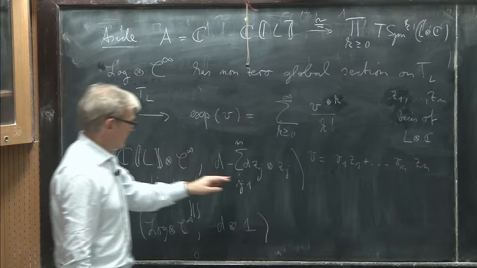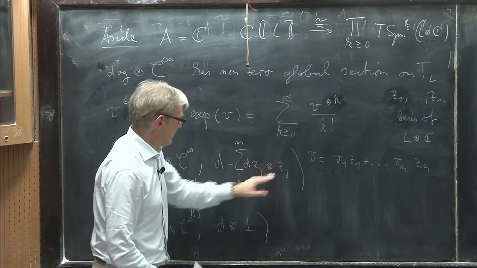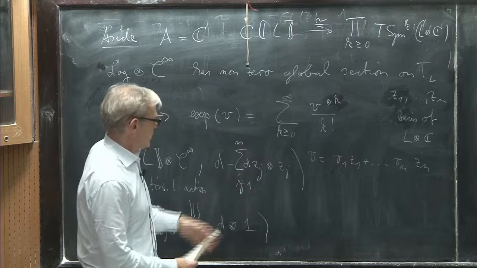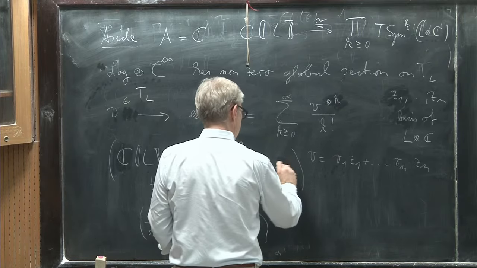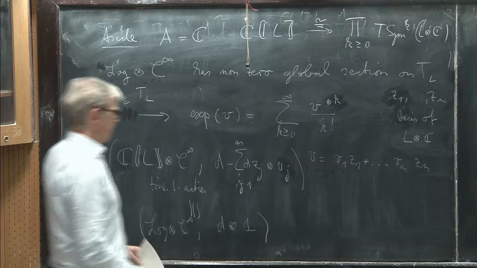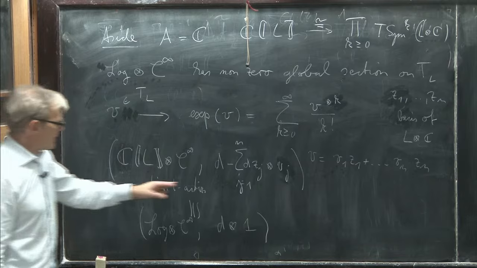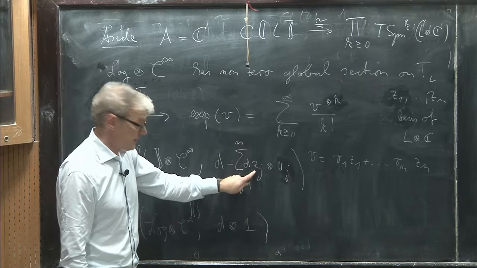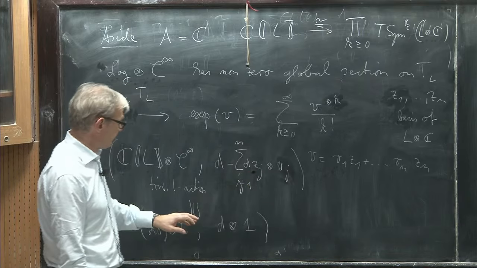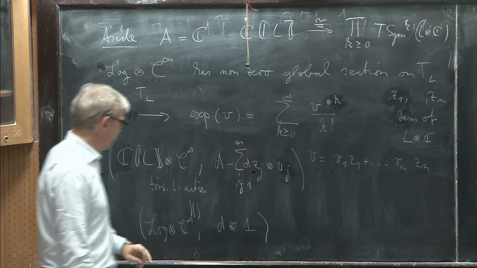And this will be exactly the operator which I should write, maybe these are the Vj's here, the coordinates. So that's exactly the differential operator which showed up in the generating series for the Bernoulli numbers in the case n equals 1.